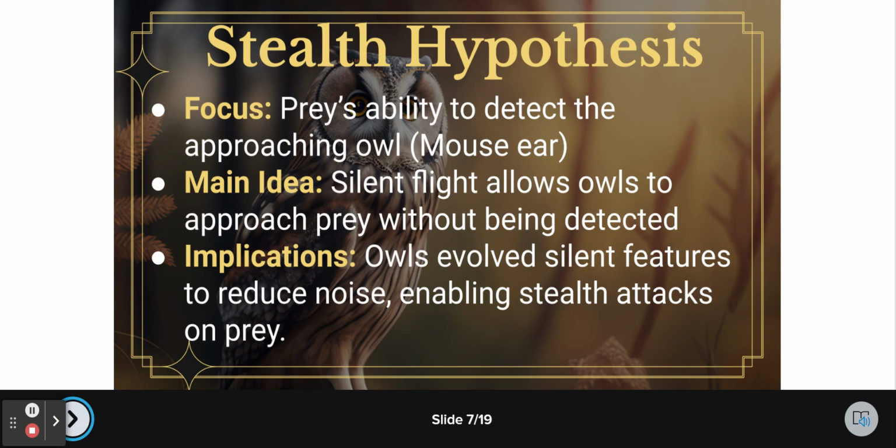Stealth hypothesis, just an overview. Focus: prey's ability to detect the approaching owl, the mouse's ear, or the vole or the insect's ear. Main idea: silent flight allows owls to approach prey without being detected. Implications: owls evolve silent features to reduce noise, enabling stealth attacks on prey.